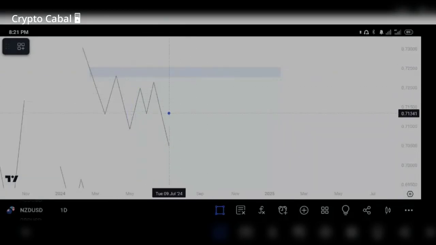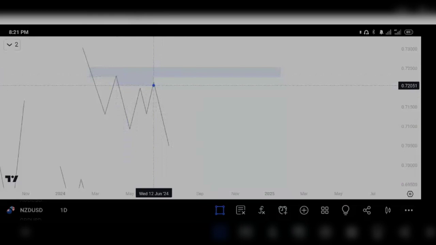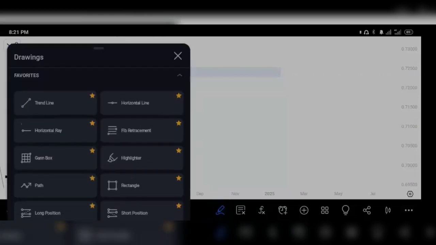When we talk about support and resistance, it's something very static. It's just at a point: support downward, resistance at the top. But demand and supply is not static. It's more like an order flow, a series of arrangements.